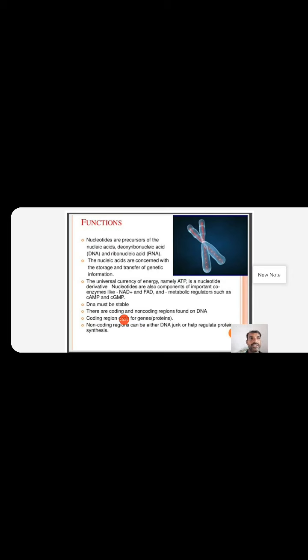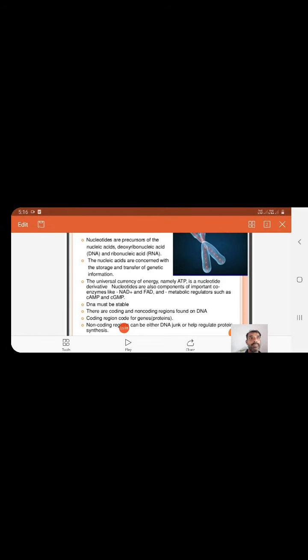XX belongs to female, and XY belongs to male. If one chromosome out of the 46 is lost, then our human body shows a defect. Hence the DNA is very, very important for us.